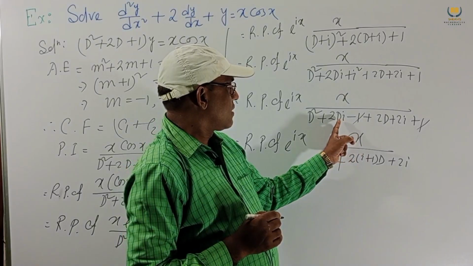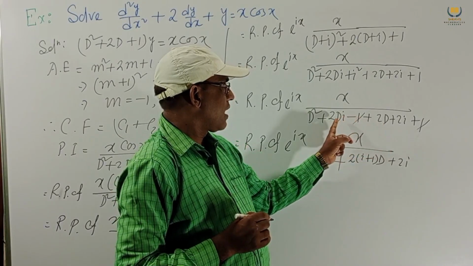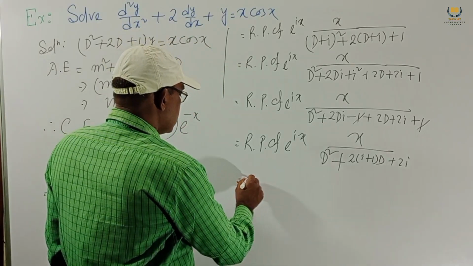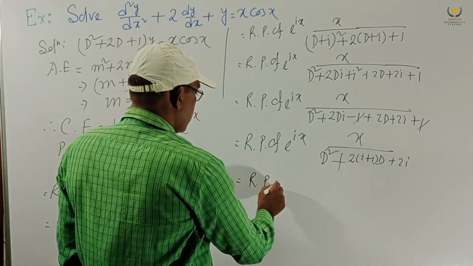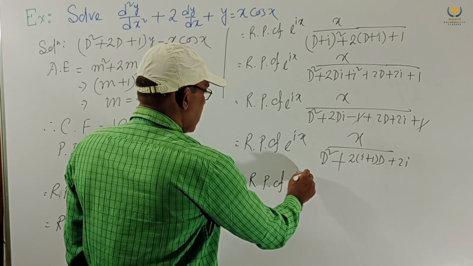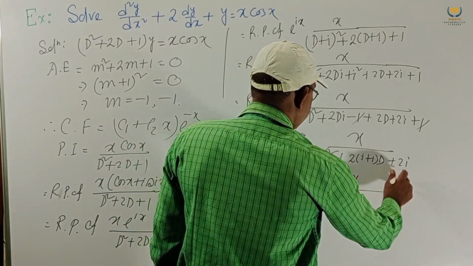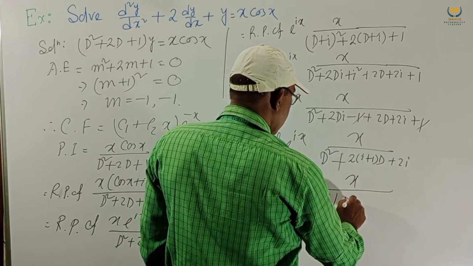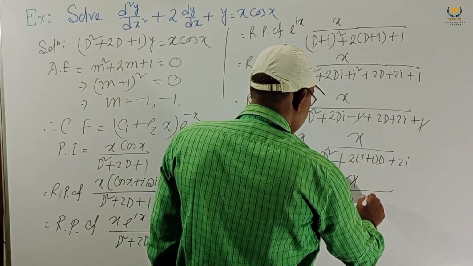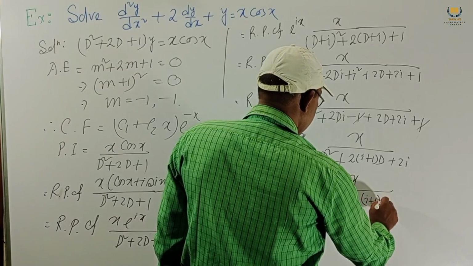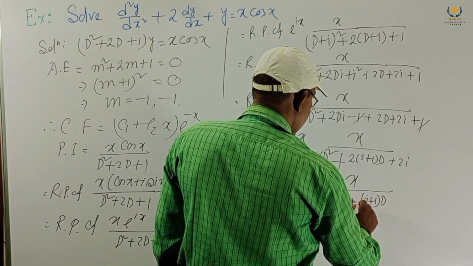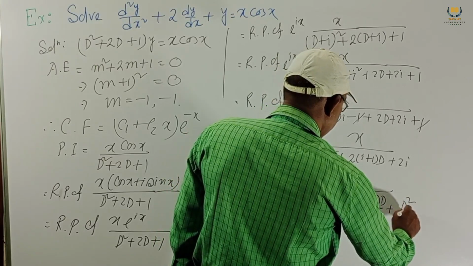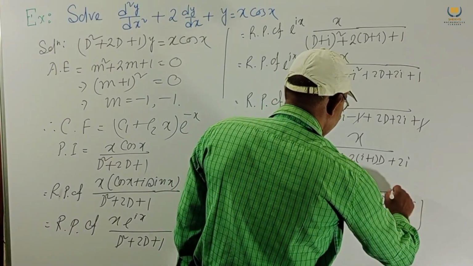From this, 2 common and D common: (i plus 1) and 2i. This is real part of e to the power ix, 1 by taking 2i common, 1 plus ((i plus 1) by 2i) D plus D square by 2i.